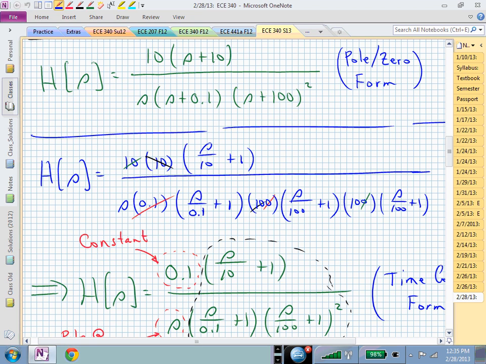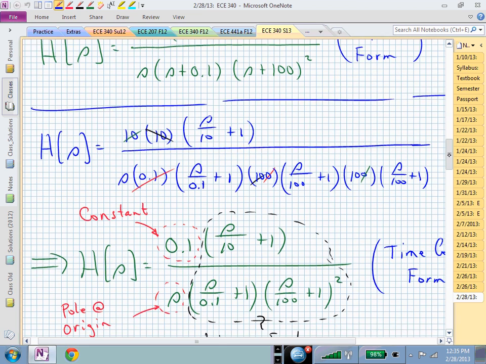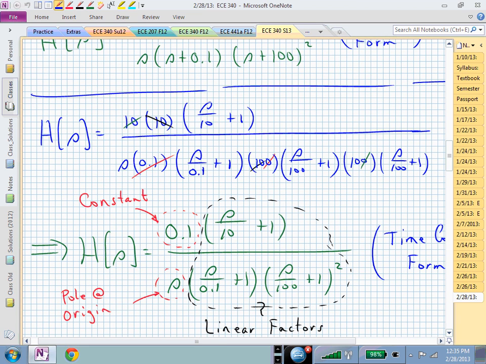We factor out the 10 upstairs, we factor out the 1/10 downstairs, we factor out a couple of 100s downstairs, do the appropriate cancellations, with which, if you're paying attention and looking at the colors, you can maybe see how that was done. But effectively, we are left with a constant term of 1/10 in that transfer function. That boils down to then a constant of 0.1.